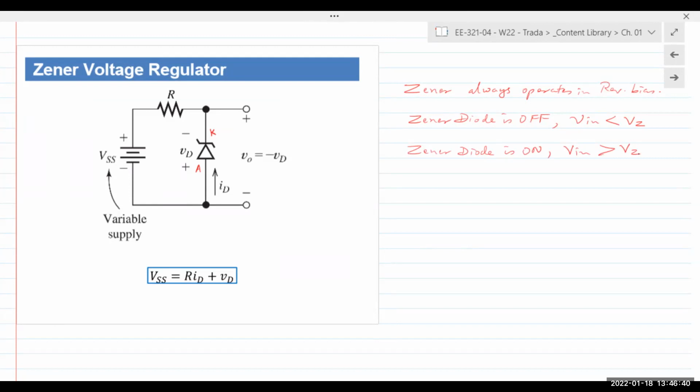It doesn't matter how much voltage you apply, the extra current, the extra charge carriers, is always going to flow through the Zener diode itself. It will hold the voltage across it constant. So once V in crosses VZ, the diode is said to be on, and V out should remain relatively stable, meaning equal to VZ.